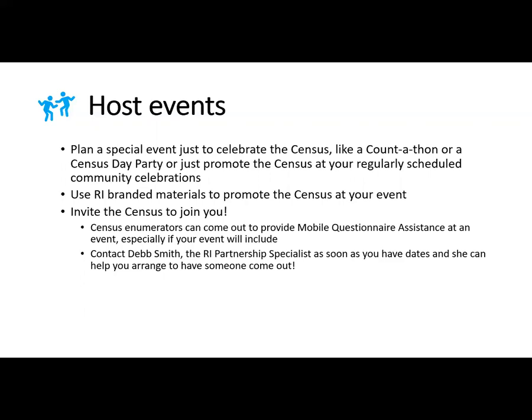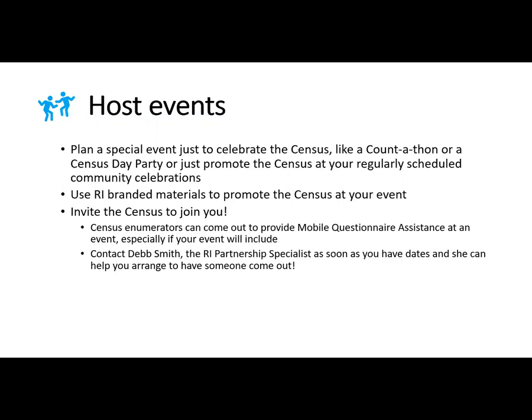So census enumerators, also known as census takers, can come out to provide something called mobile questionnaire assistance, where they'll bring an iPad with them and they will help people fill out the census right then and there. And they can also answer those persistent and tough questions that you don't know about because you don't work for the census.